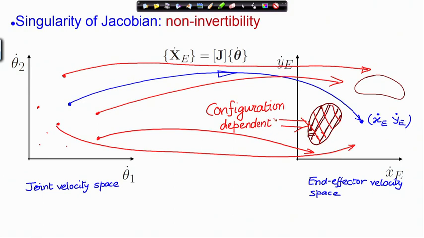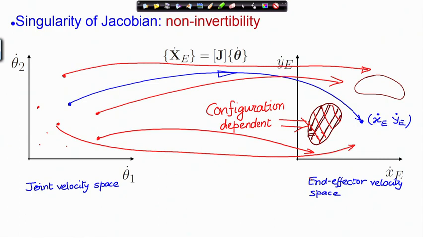In certain configurations such regions do not exist, in certain configurations they do. So, the existence of this region depends on the configuration. Singularity is only at those configurations.